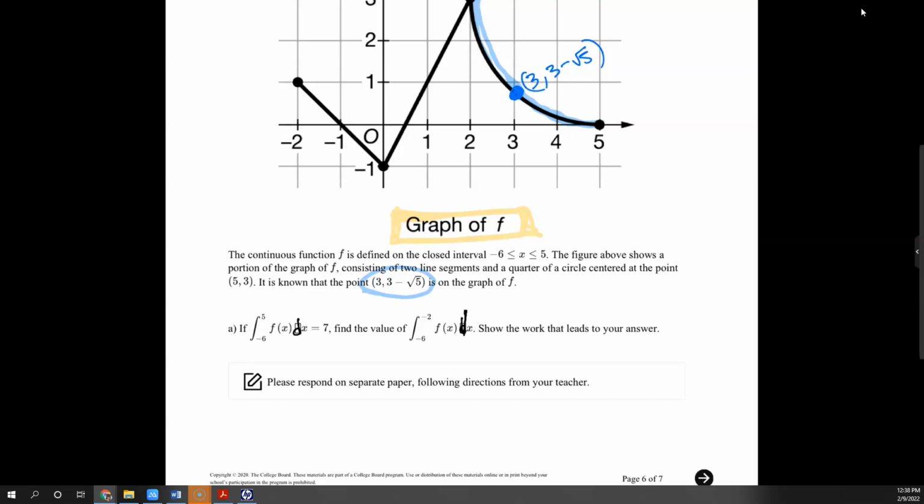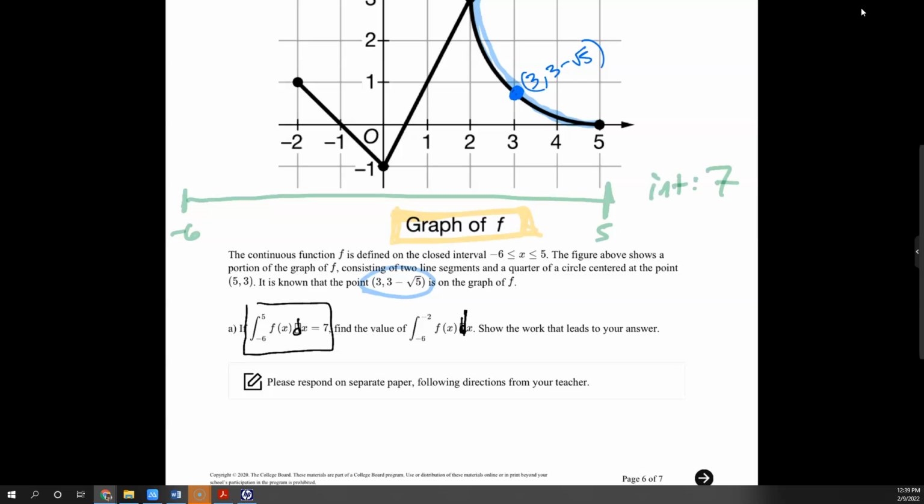Now check this out, guys. The integral from -6 to 5 tells me if I go from -6 all the way to 5, that integral is going to be 7. So, what is the value from -6 to 2?